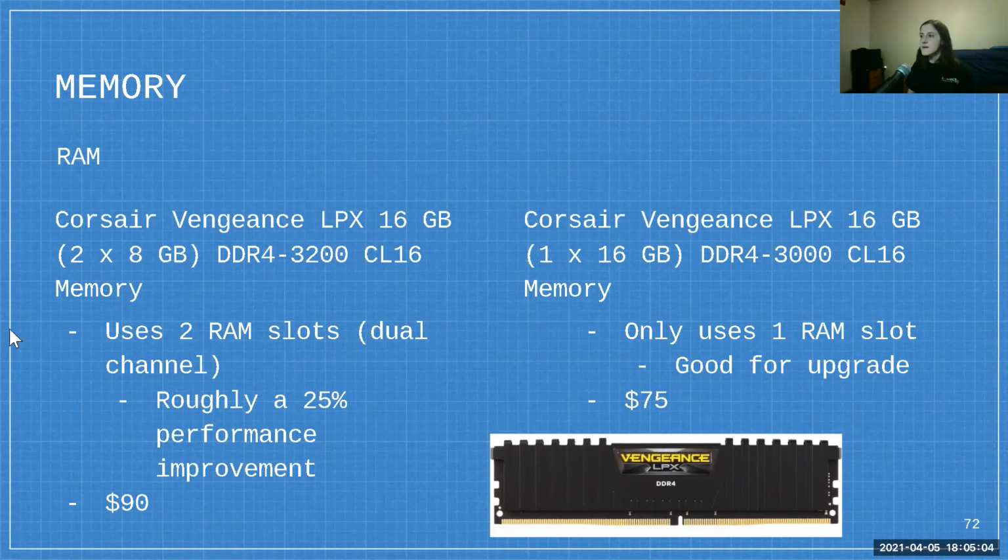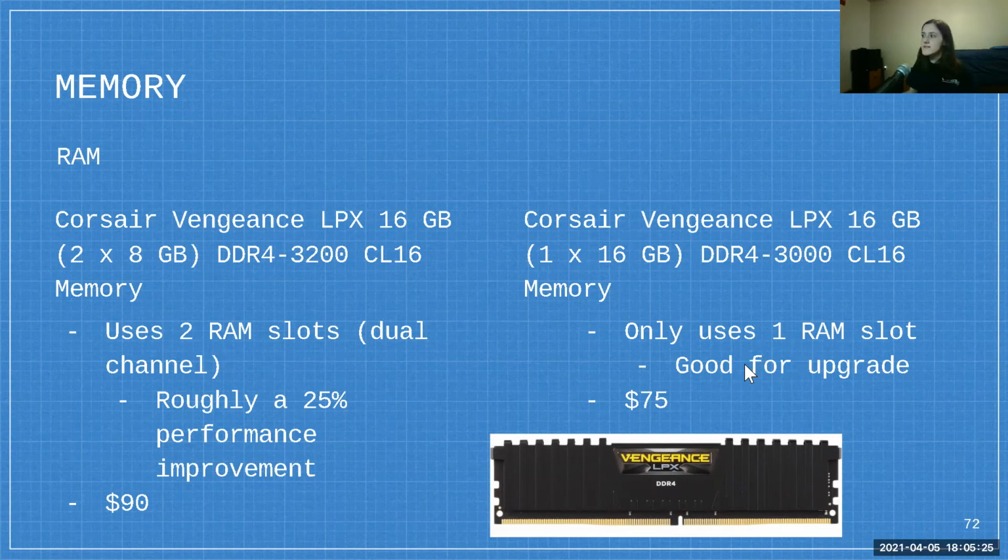So this over here will use 2 RAM slots. So it'll be what we call dual channel, which means that you can execute different instructions or access memory from each of them. Whereas if you have one, then you're just going to be going to and from that one slot of RAM.